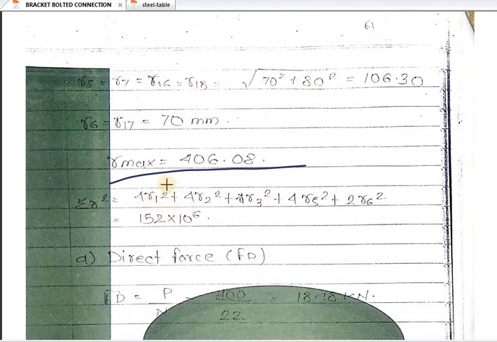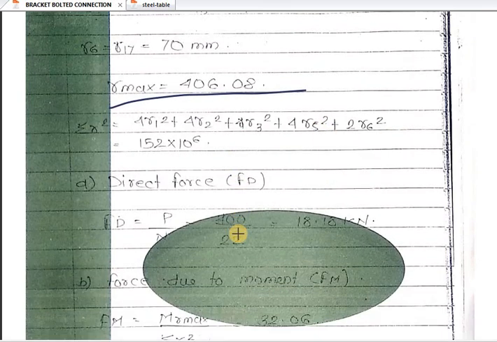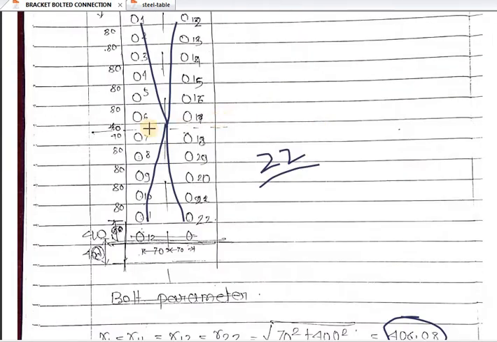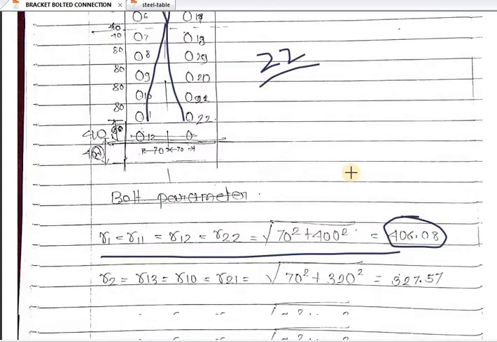So 4 times r1 square, 4 times r2 square, 4 times r3 square, 4 times r5 and r6 square, and 2 times r6 square. Why 2 times? Because the last bolt is 2 times.